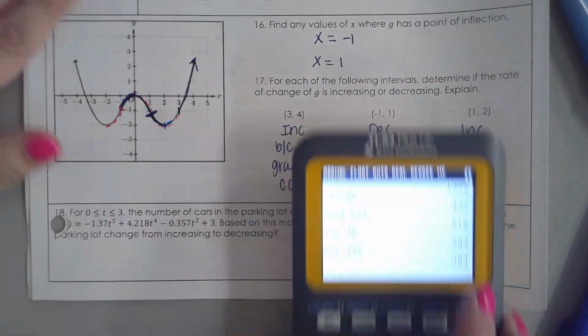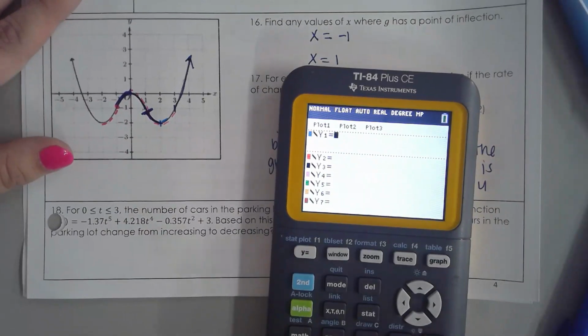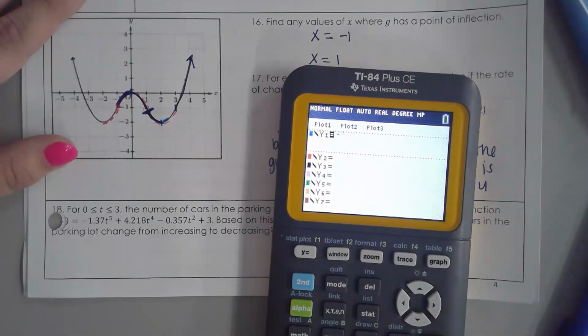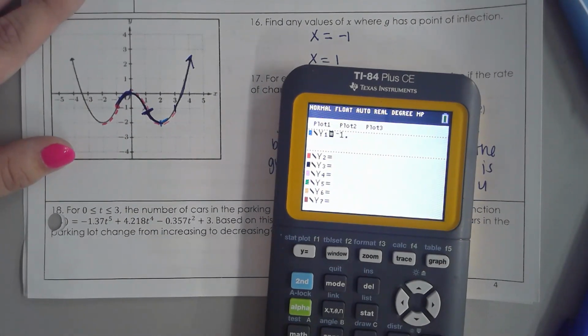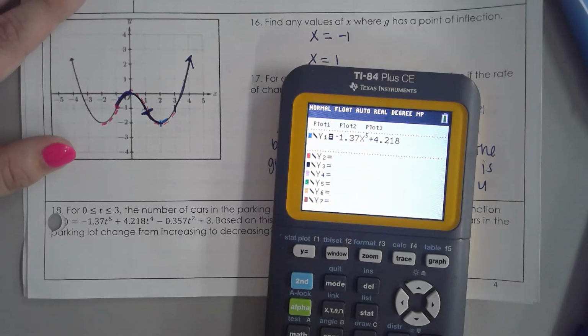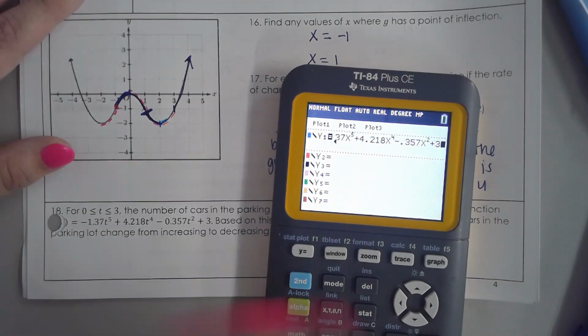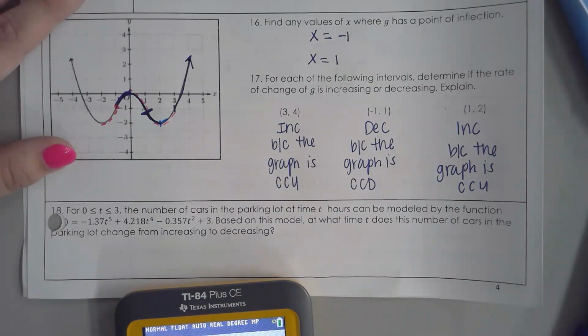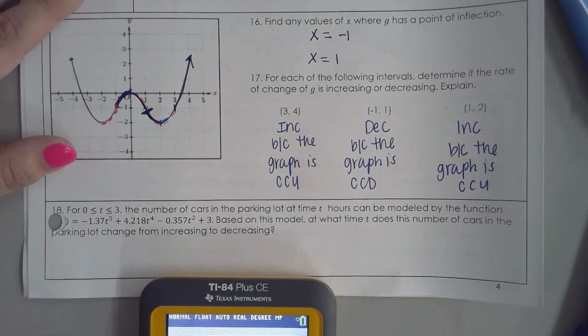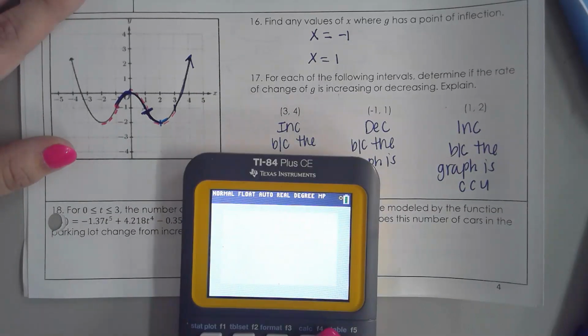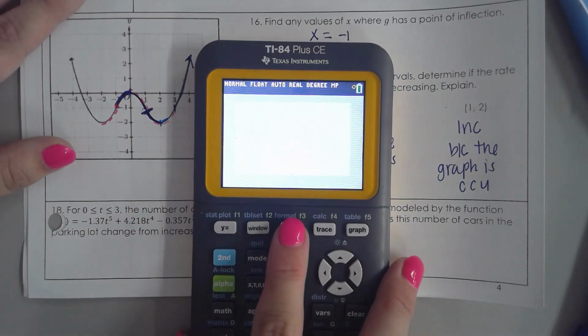And you don't have your calculator, so I don't even know if this is going to fit. 1.37 x to the 5th plus 4.218 x to the 4th minus 0.357 x squared plus 3.